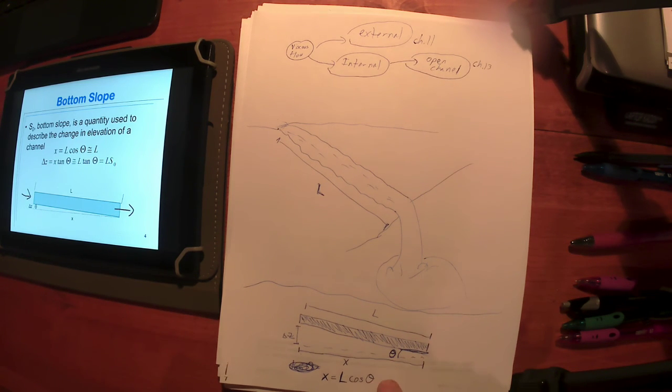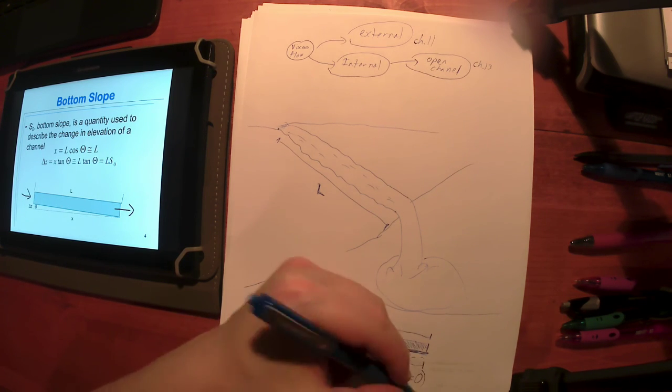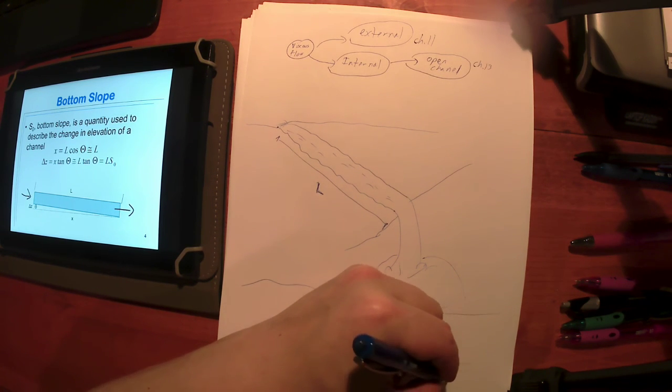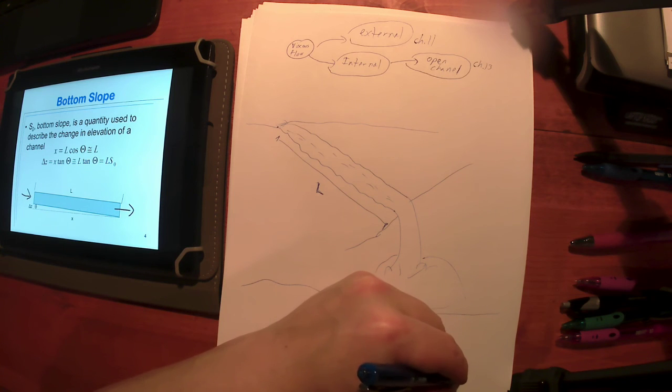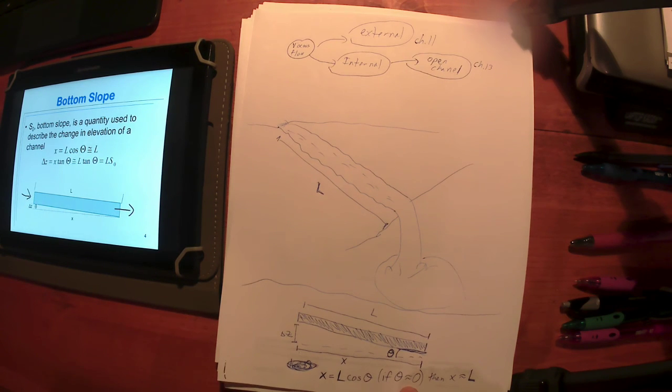Now, if theta is approximately 0, if theta is very small, then notice that x is very close to L, because if theta is approximately 0, then the cosine of approximately 0 is approximately 1.